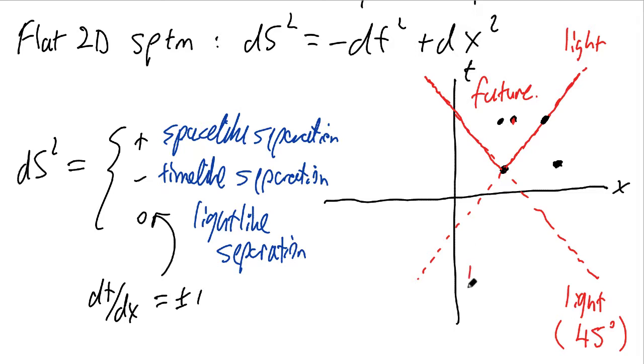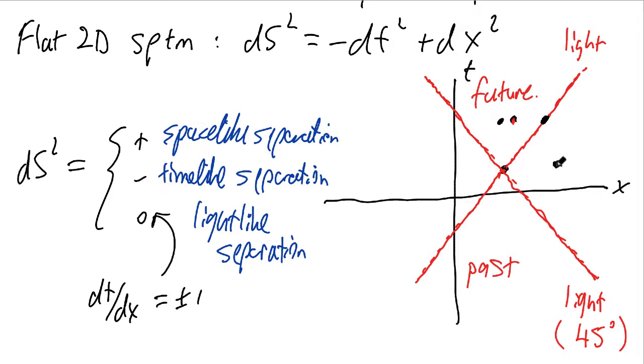And similarly, this lower wedge is the past of this event. So any event down here, including events along the boundary, any events in this region can have a causal influence on this event here. On the other hand, if you look at these two events, they're space-like related or space-like separated.